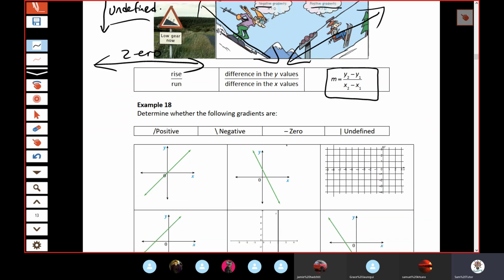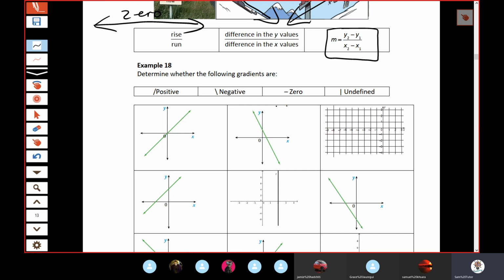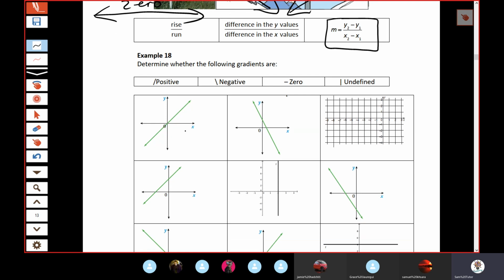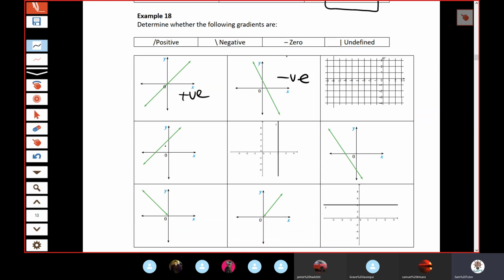All right. So determine whether the following gradients are positive, negative, zero, or undefined. Very easy. Slope to the right, positive. Slope to the left, negative. Slope to the right, positive. Vertical, undefined.